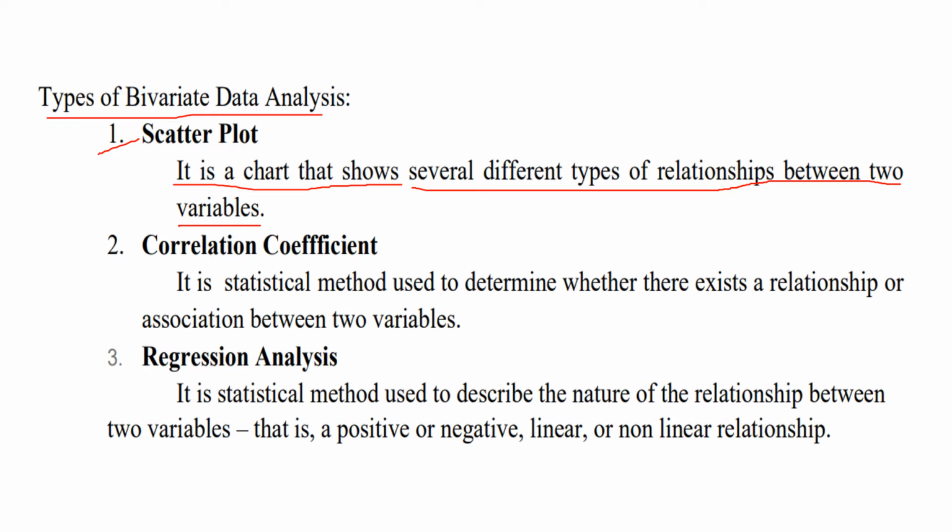It's also called a scatter graph or scatter diagram. So when you hear scatter graph or scatter diagram, it's the same thing as a scatter plot. You need to take note of that.